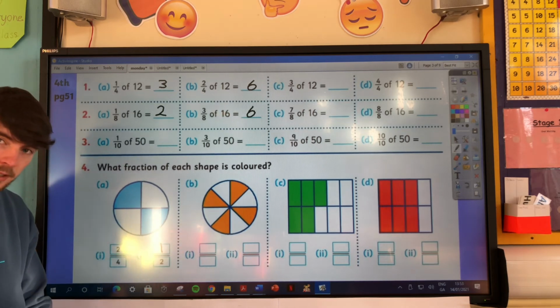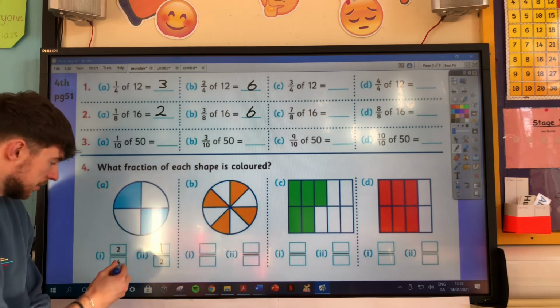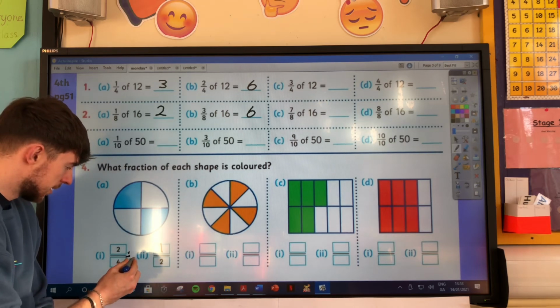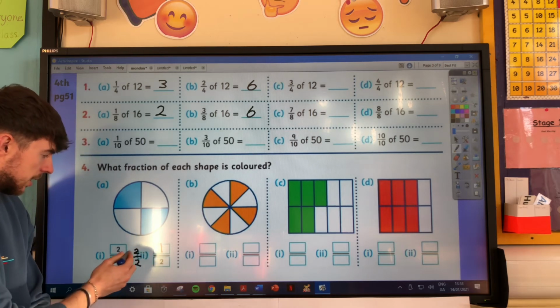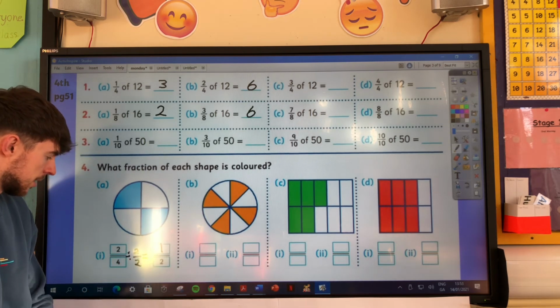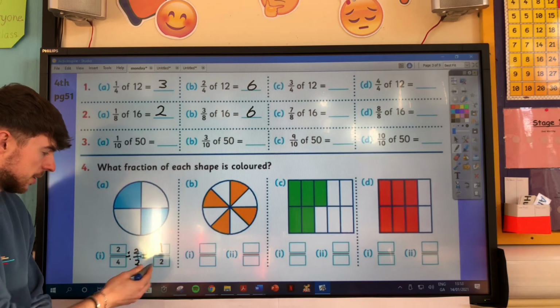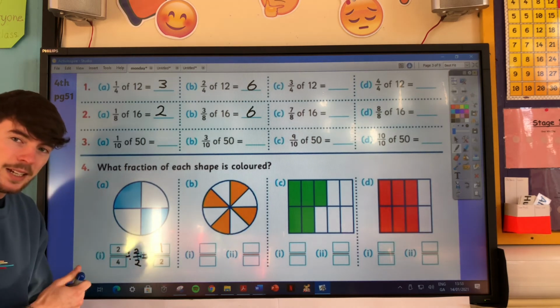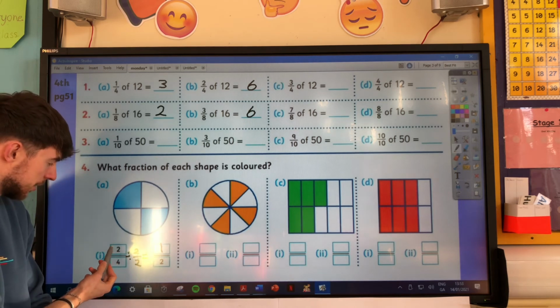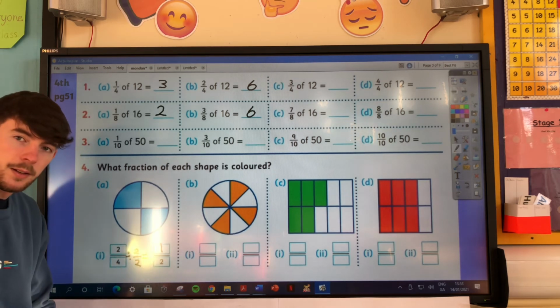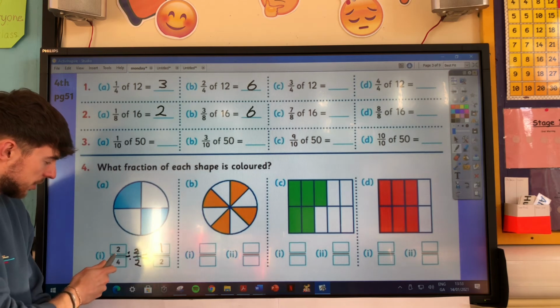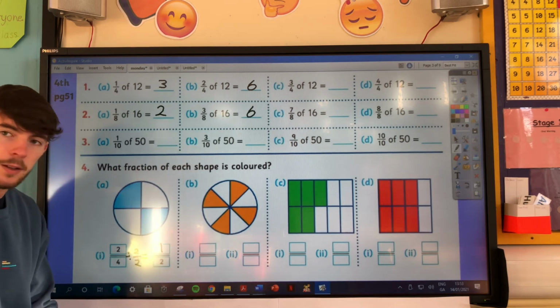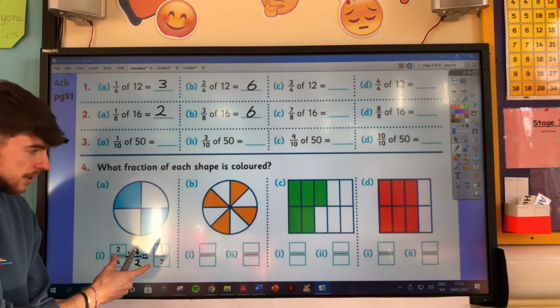So 2 divided by 2 is equal to 1, and 4 divided by 2 is equal to 2. So if we divide the top and bottom by a number that is common to both, for example 2, we divide 2 by 2, we get 1, we divide 4 by 2, we get 2. It's still the exact same fraction, isn't it?